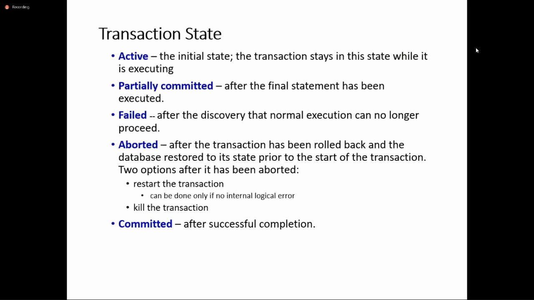In that example we added two records, in the customer table and the order table. The customer exists, then you can make the order, and both must complete successfully. Now it is committed after successful completion.